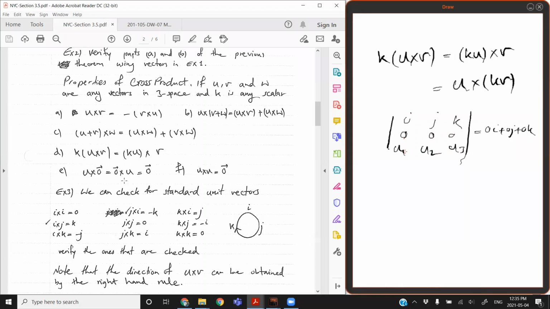All the cofactors are going to be 0. So the cofactor corresponding to this position is going to be 0, the cofactor corresponding to this position is going to be 0, and the same for this one.